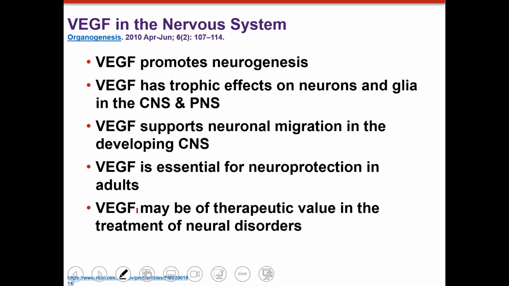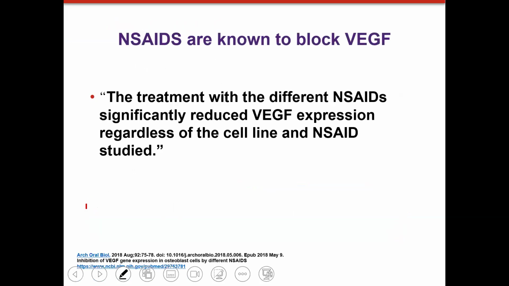VEGF supports neuronal migration in the developing central nervous system. VEGF is essential for neuroprotection. Really important, right? Essential for neuroprotection in adults. And then VEGF might be of therapeutic value in the treatment of neural disorders.